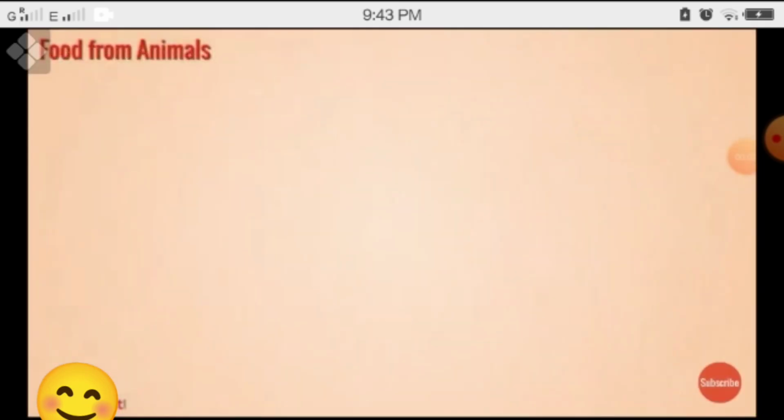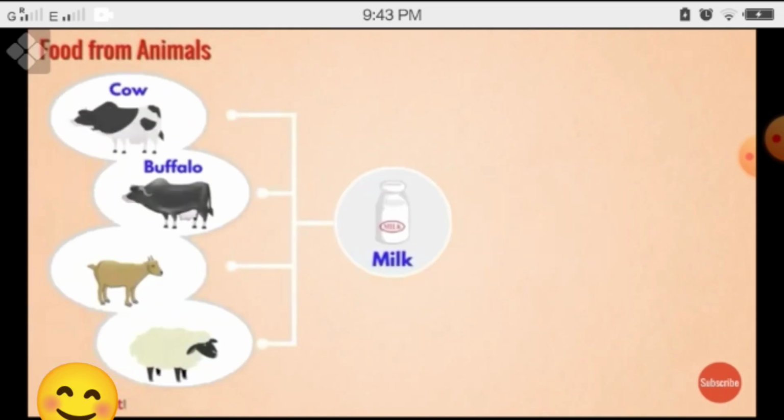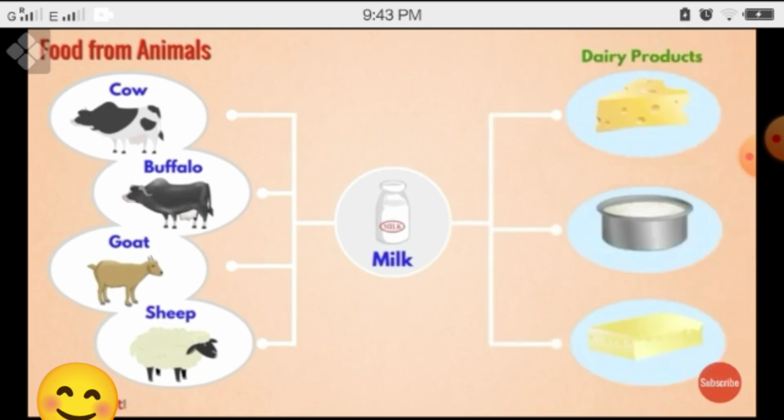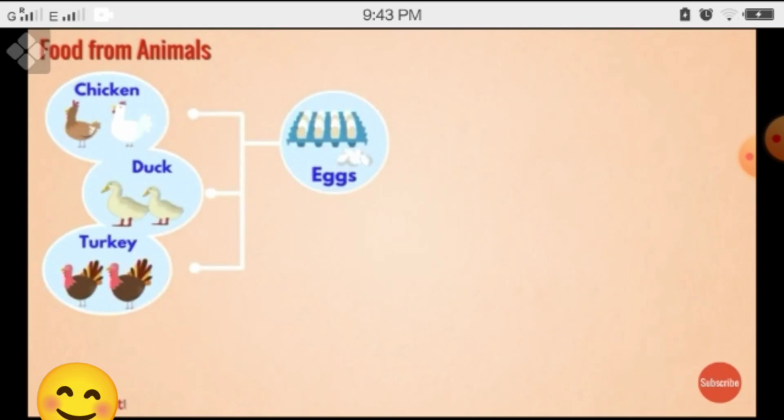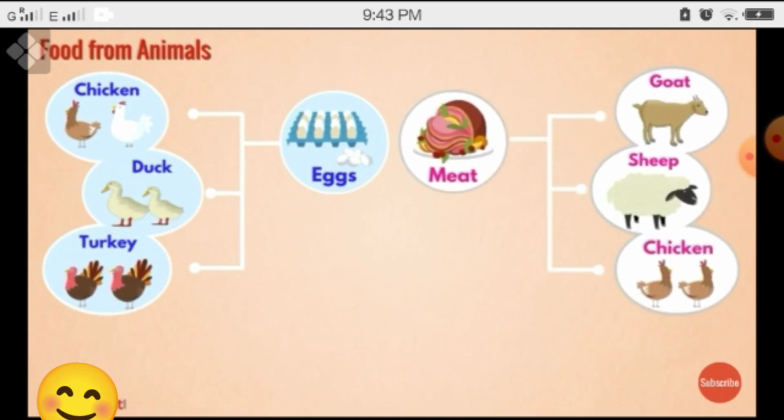Now we will understand how we obtain food from animals. We obtain milk from animals such as cow, buffalo, goat, sheep, etc. From milk, we prepare various dairy products such as cheese, curd, butter, etc. We obtain eggs from chicken, duck, turkey, etc. We obtain meat from goat, sheep, chicken, etc. Most of the population rely on seafood for food.